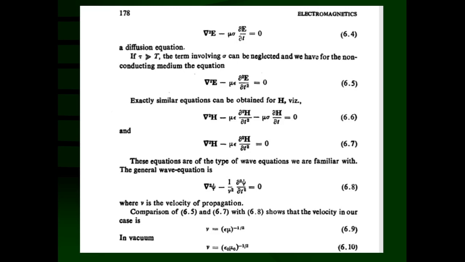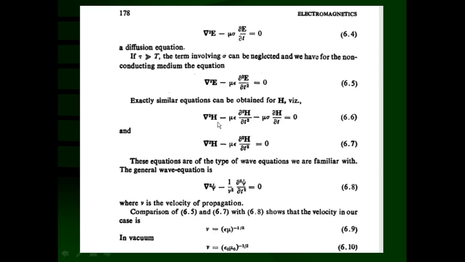Similar equations can be derived for the magnetic field. That means del square H minus mu epsilon del square H upon del T square minus mu sigma del H upon del T is equal to 0. This can also be derived by taking the curl on both sides of Maxwell's equation 4, substituting the other values and doing simple mathematics.